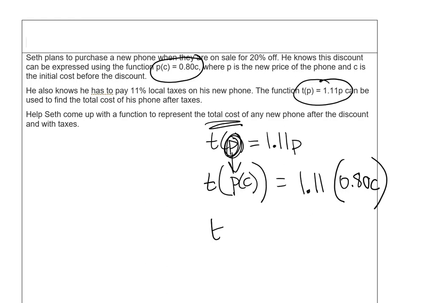Then when we simplify that, we would see that T of P of C is equal to 0.888C.